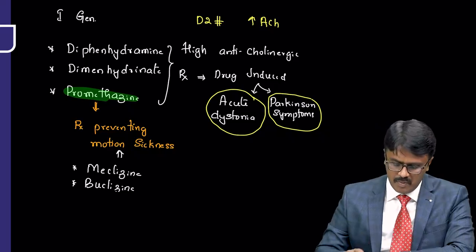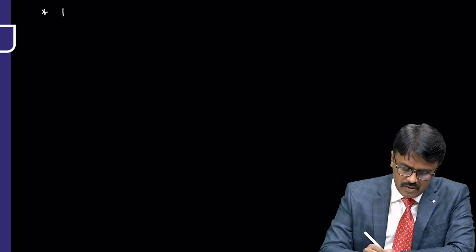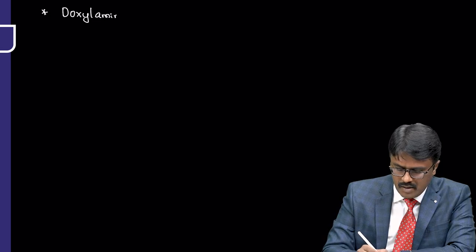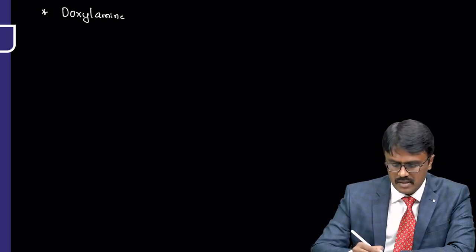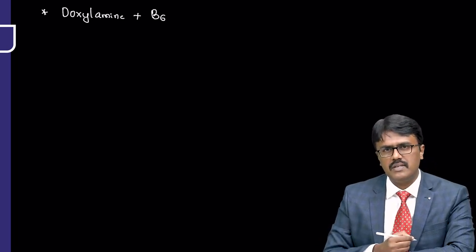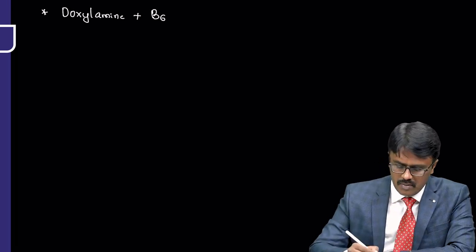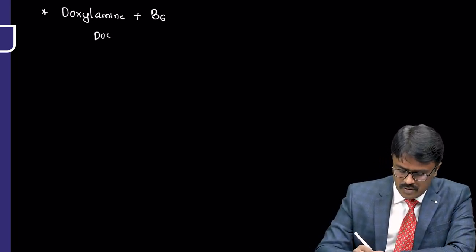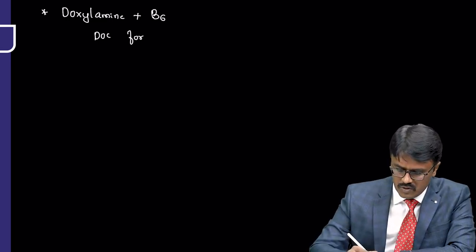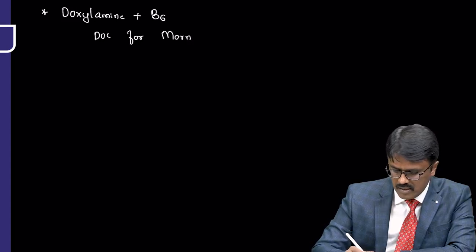Okay, let me move on to the other drugs in the first generation. We have a drug called doxylamine. Doxylamine is combined with vitamin B6. What is the other name for B6? Pyridoxine. The combination is the drug of choice for a condition in pregnancy called morning sickness.